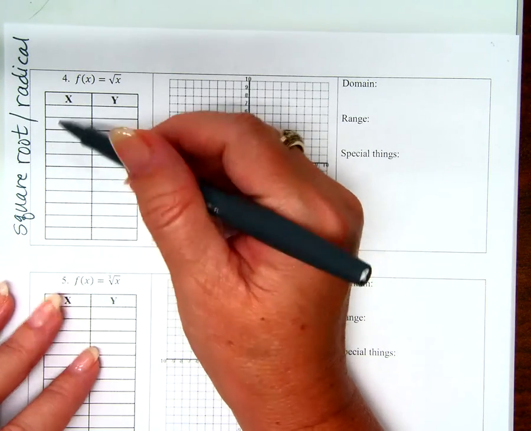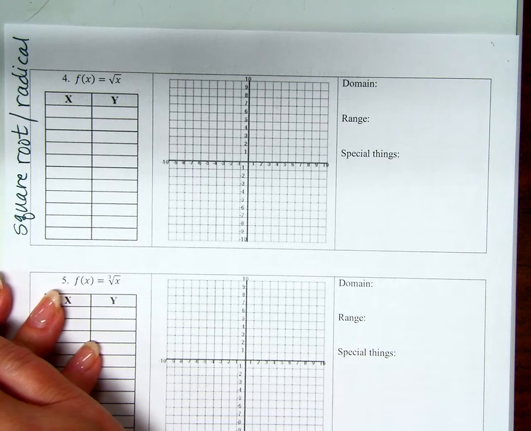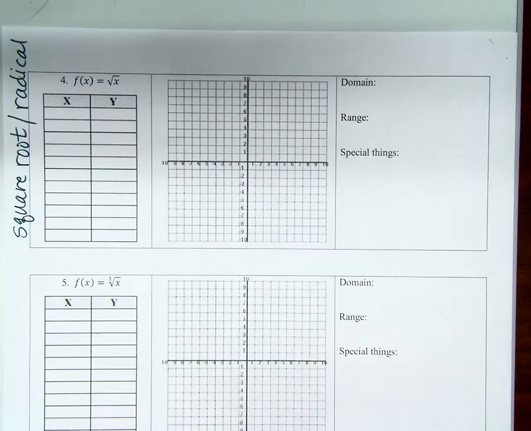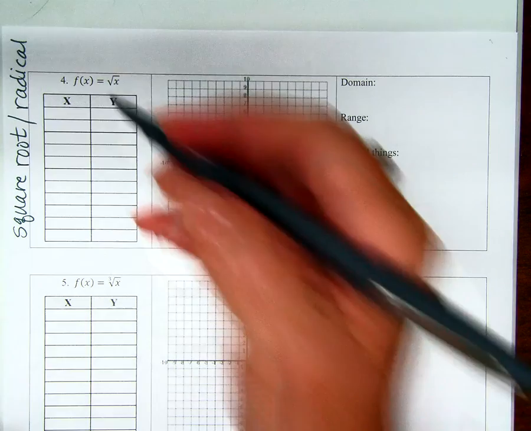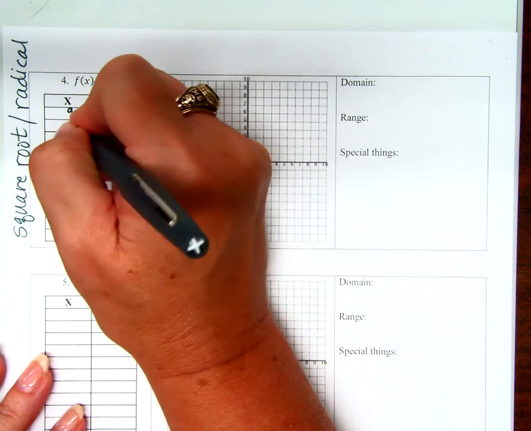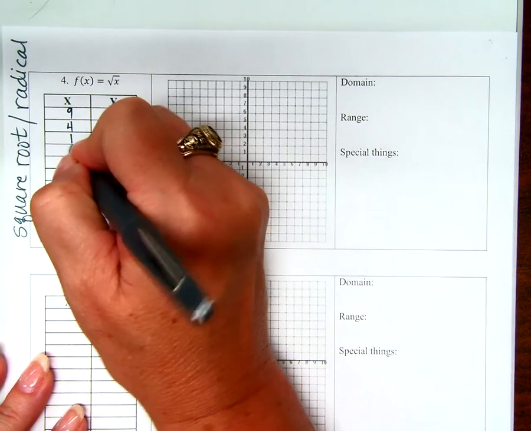How else did you go about choosing your x values? Ooh, what do you mean by that? Ones you can do in your head. For example, ones that are easy to root, right? So you chose perfect squares? Like what? 9, 4, 1, 0.